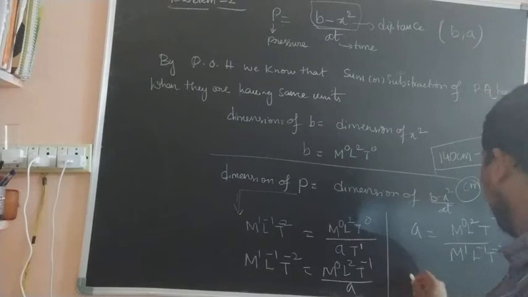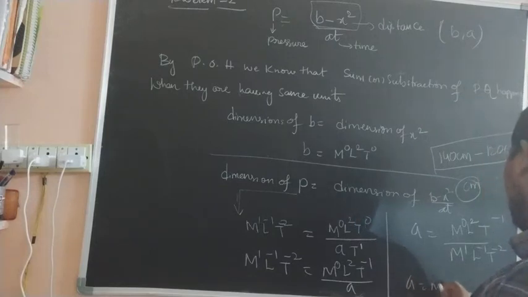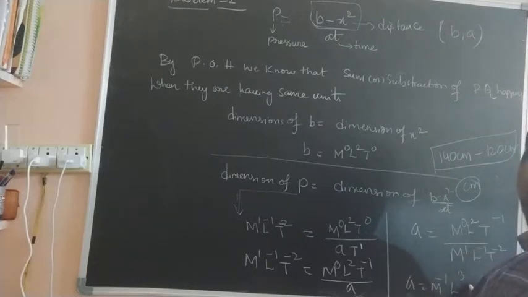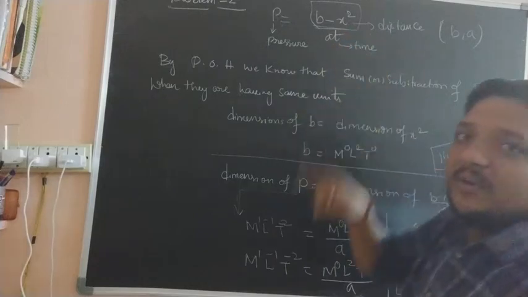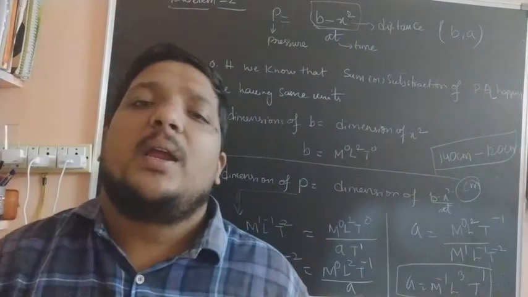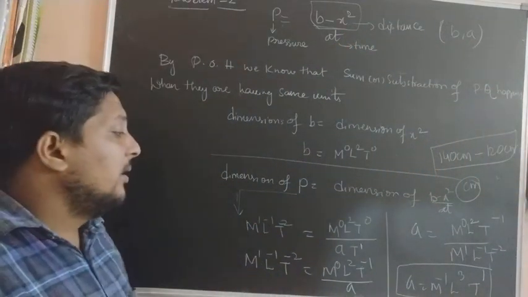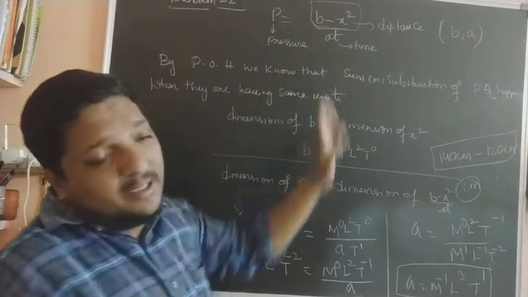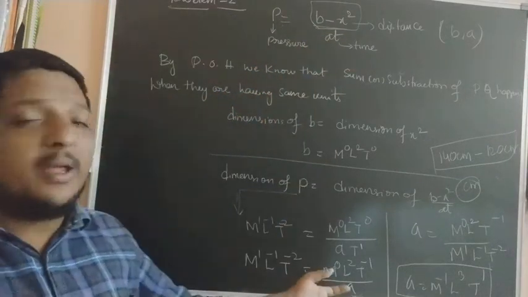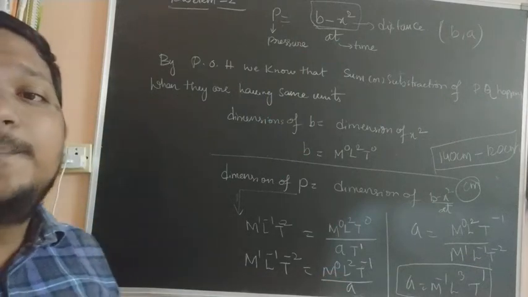Then see here, a is equal to M power minus 1 L to the power of 3 T to the power of 1. This will be the dimensional formula of a. In this way, whenever it is given in this fraction ratio, you can find the dimension of any constant, whether a or b, anyone.